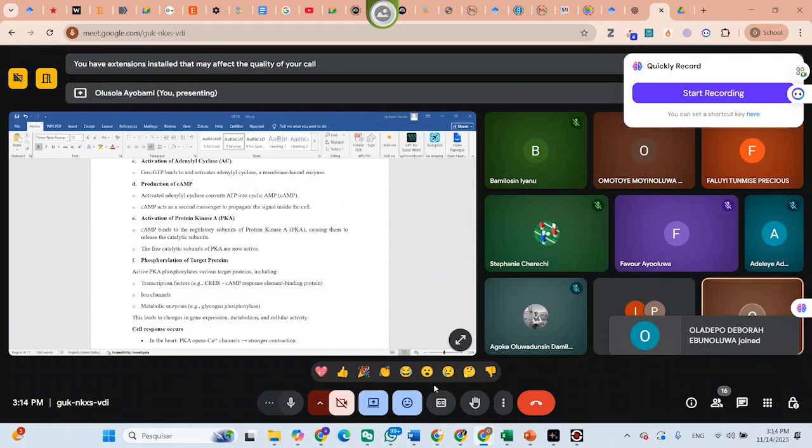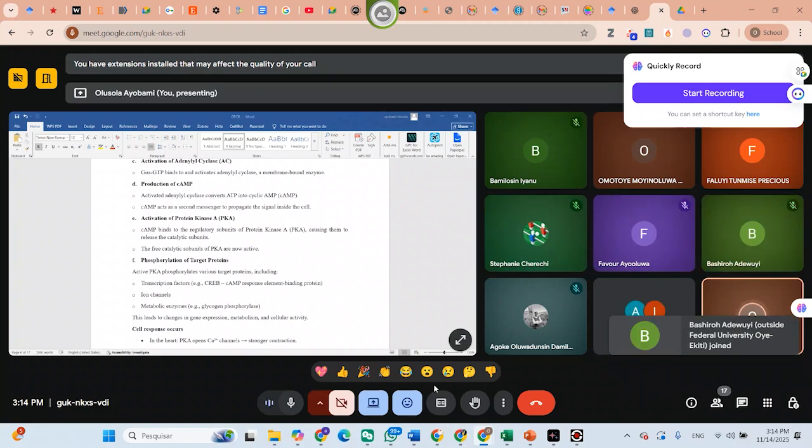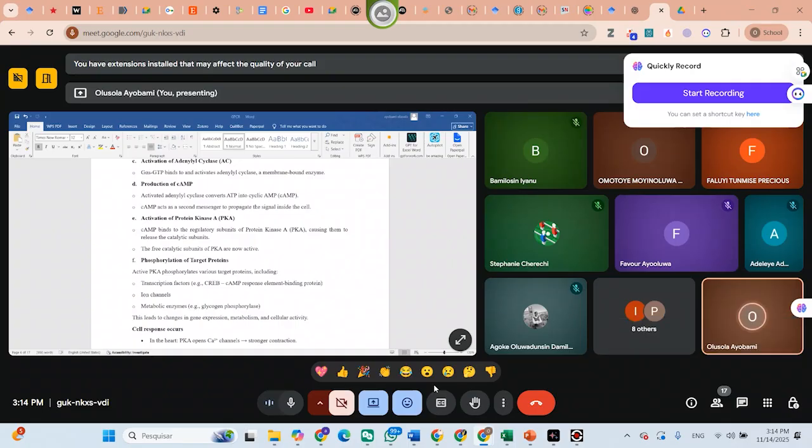Now, in biochemistry, there are different enzymes. When we say cyclase, it means that it's going to convert the molecule from a linear structure to a cyclic structure. So when we say G alpha S GTP is activating adenylate cyclase, then it's going to convert a molecule from the linear structure into the cyclic structure.